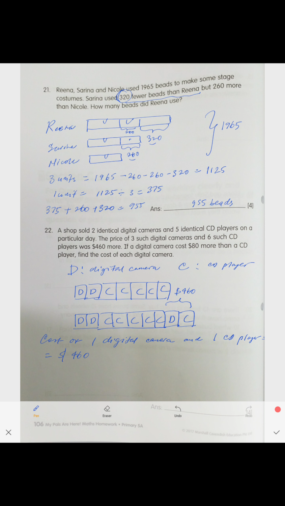So now we draw the models for 1 digital camera and for 1 CD player. The digital camera, we don't know how much, but it's more expensive. And the CD player is $80 cheaper. And we know that altogether they cost $460. We just figured it out.